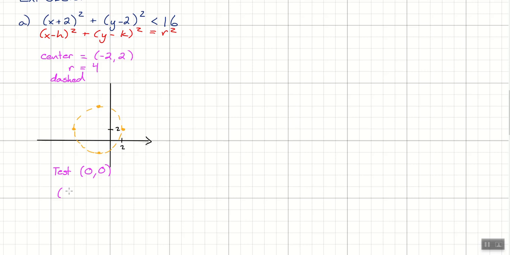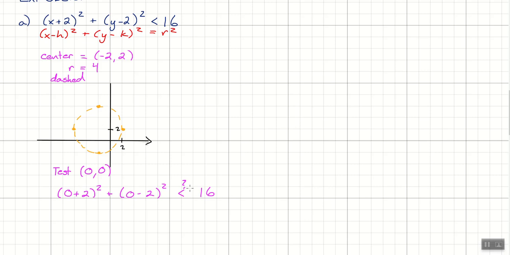If you need to write it, please do. 0 plus 2 squared plus 0 minus 2 squared, and we're making the claim that this is less than 16. I'm going to put a question mark because that's what we're confirming or showing to be false.